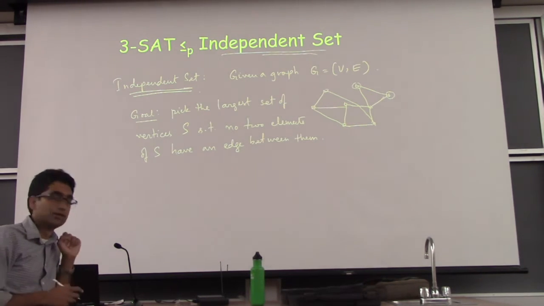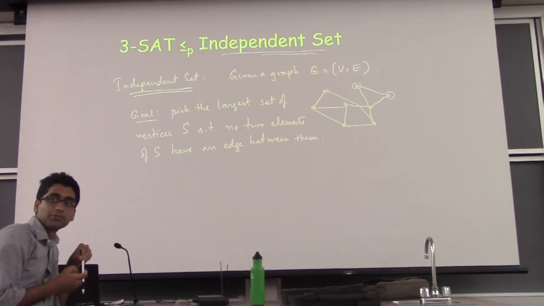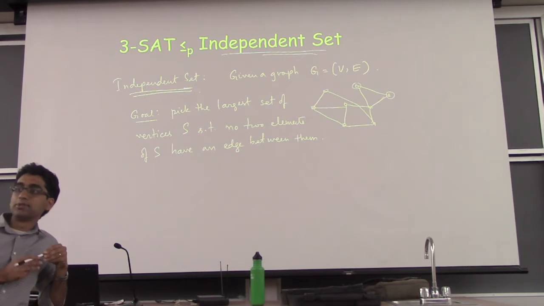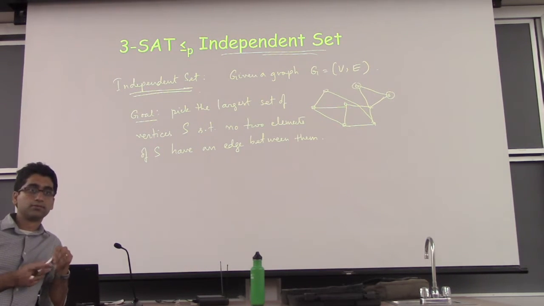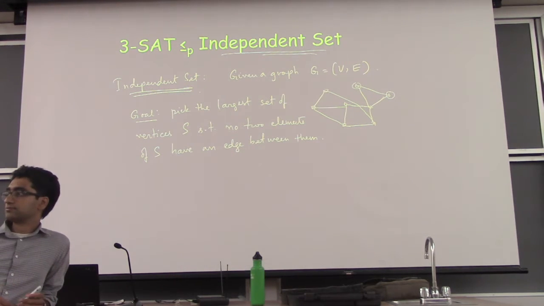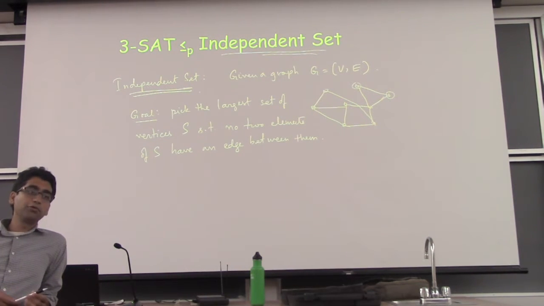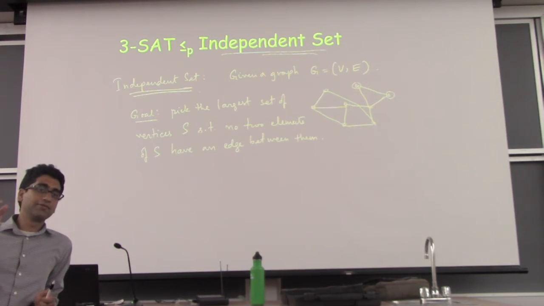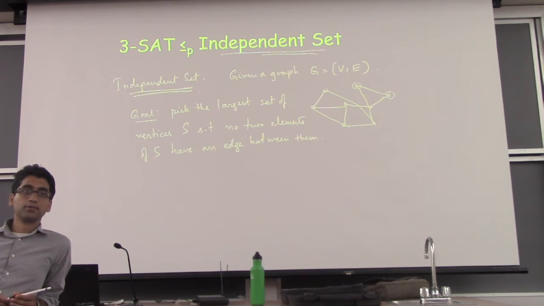But this is not a decision problem. So how would you make it a decision problem? Is there a set possible? Well, that is always true, because you take one vertex, it's always an independent set. Don't pick vertices with the maximum number of edges.